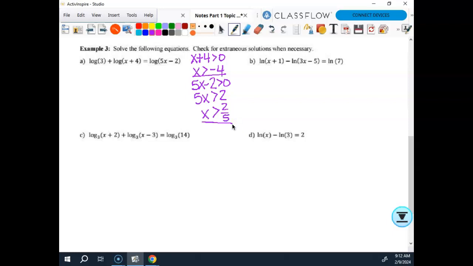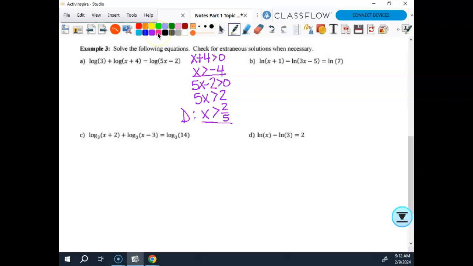Which one would I pick, the first or the second? The second. Because if it has to be greater than -4 and greater than 2/5, then it really just has to be greater than 2/5. So this is my domain that I'm going to check against when I'm done. Everybody okay with that? It's going to work out the same way every single time.